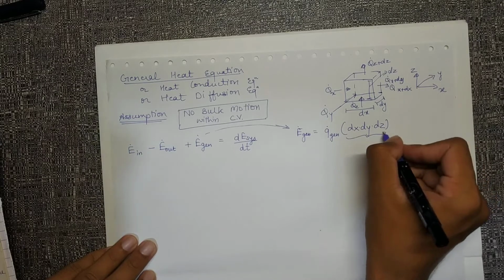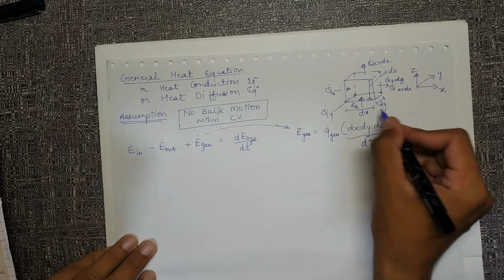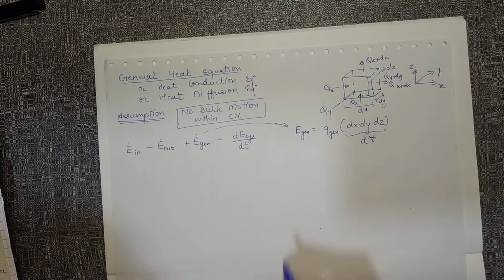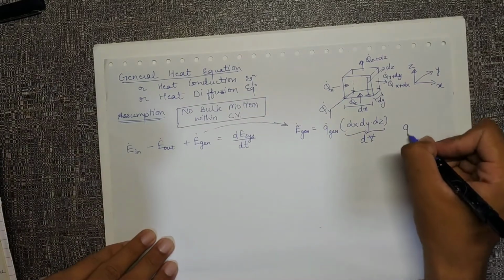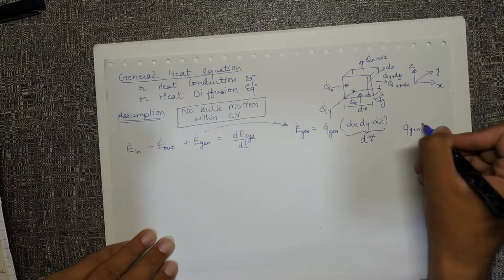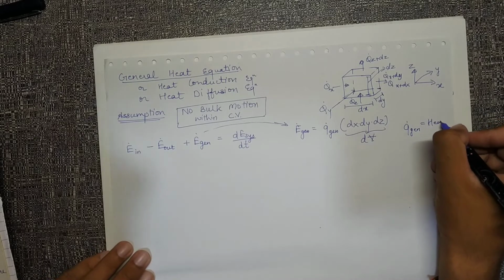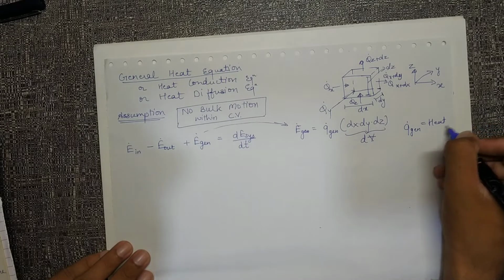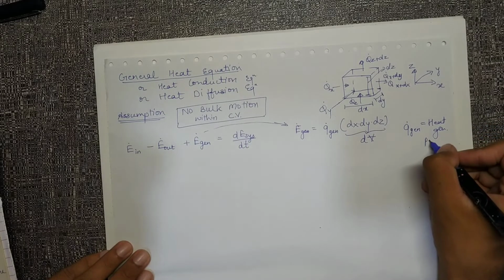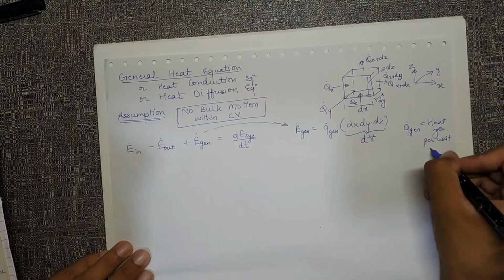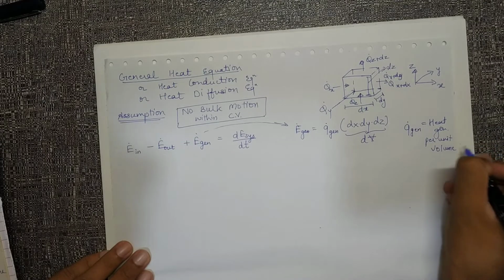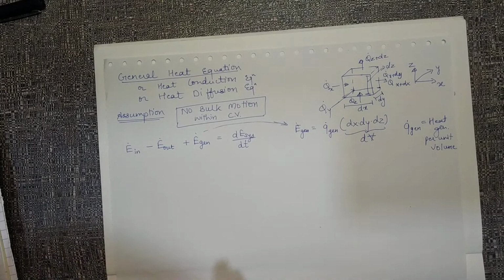That is the differential volume of the control volume. So we have used normalized heat generation per unit volume.